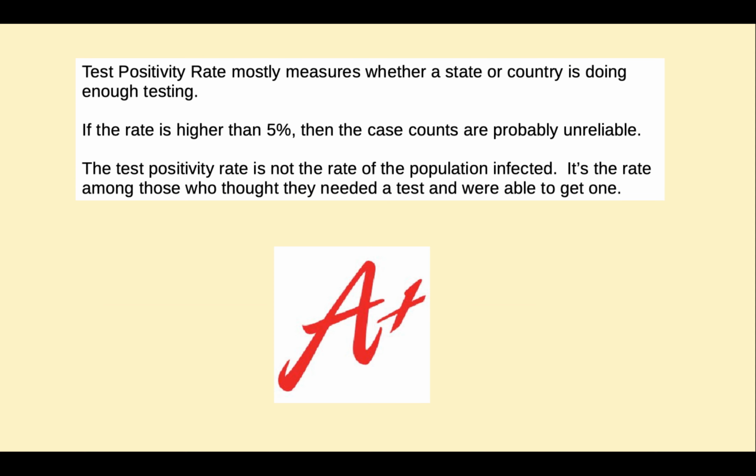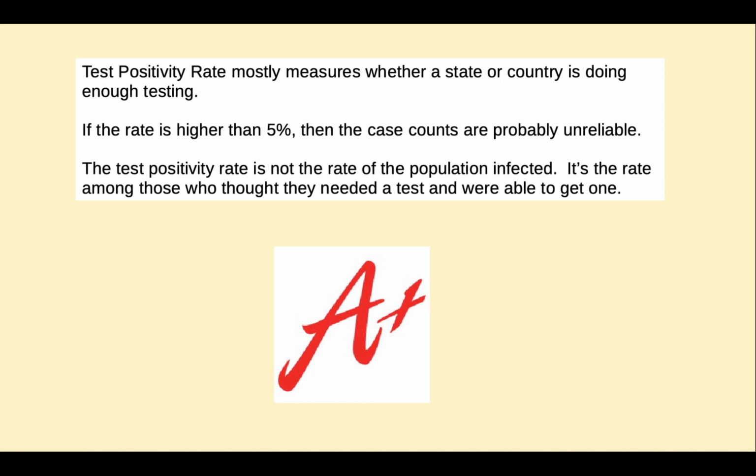What we use test positivity for is to say whether a state or a country is doing enough testing. And the World Health Organization, the CDC, they want to see the rate below 5%. If you have a test positivity rate below 5%, chances are that your case counts are fairly real. You're getting a pretty real estimate of how many cases are in the state.